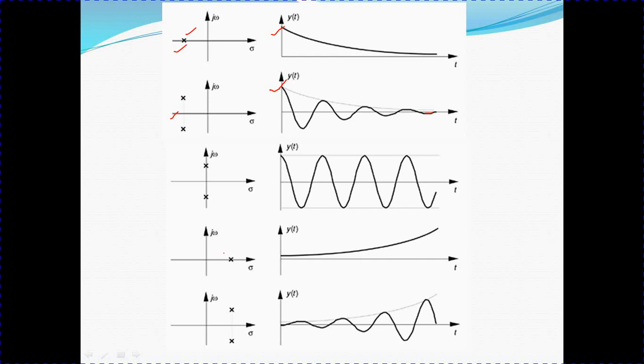So now when the poles of the transfer function move to the right of the S domain, whether real or complex, then you can see very clearly the system response increases with time, and the system becomes unstable after some time.